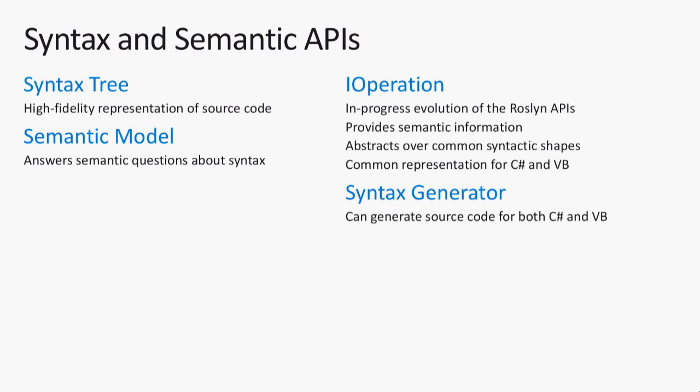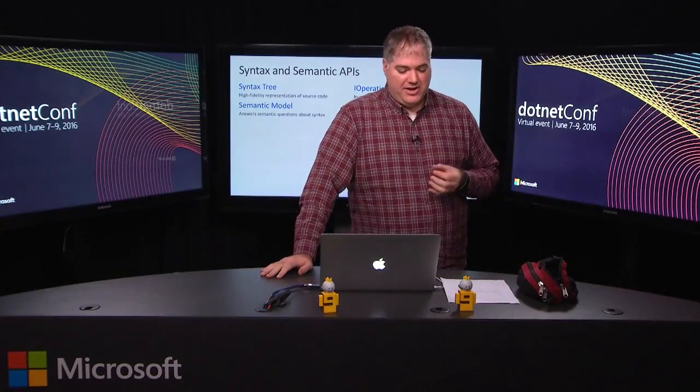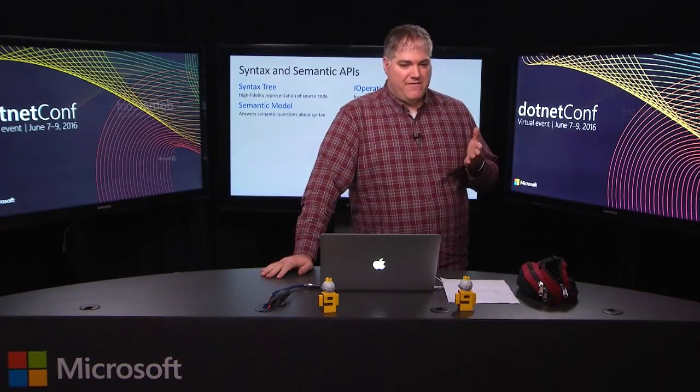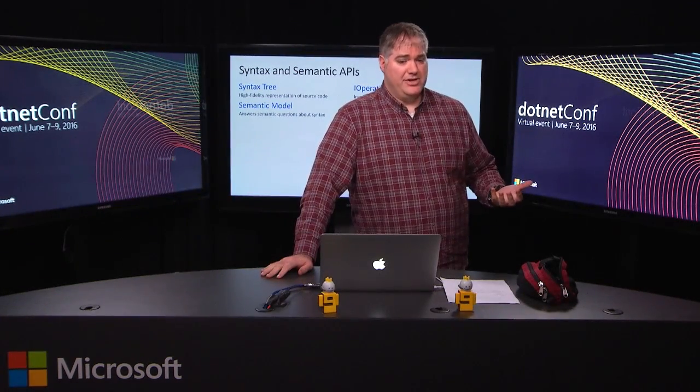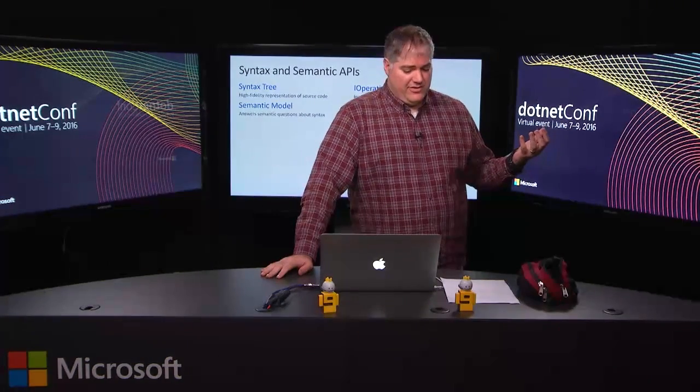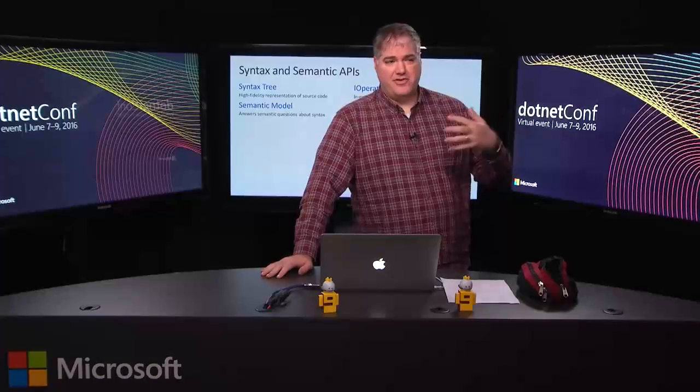Now, the syntax tree API that we have is a very high fidelity representation of source code. It gets down to the very spaces, the very comments and tokens, and is really designed to be a faithful representation of the underlying language. So there's a version for C# and there's a version for Visual Basic.